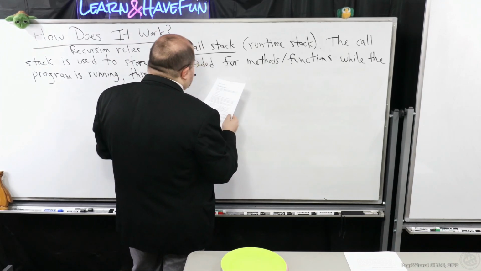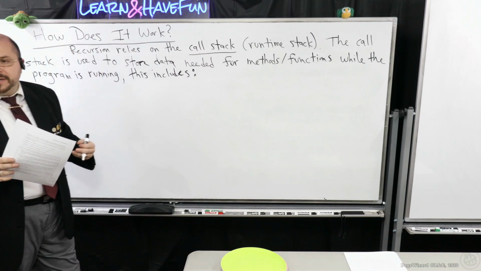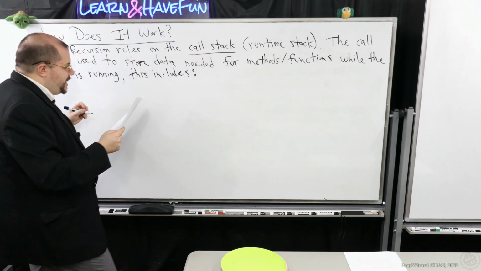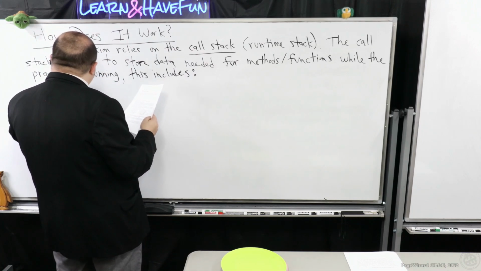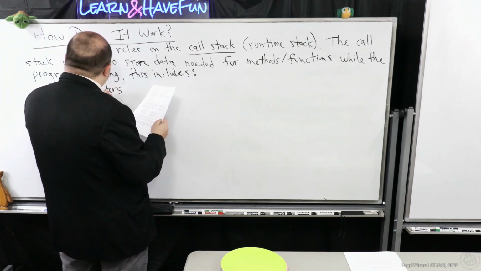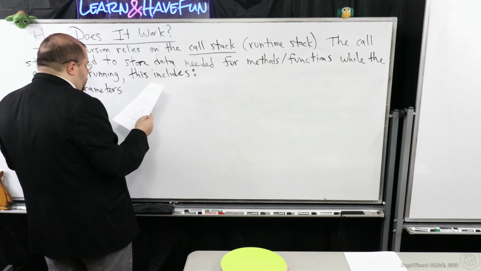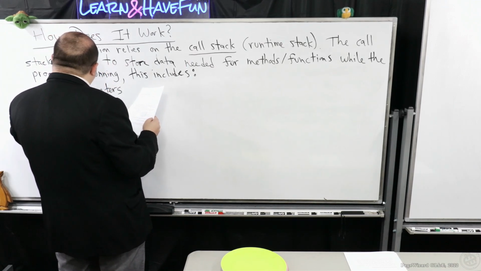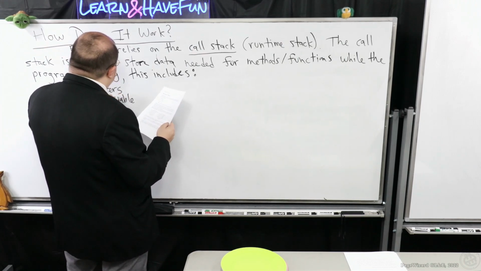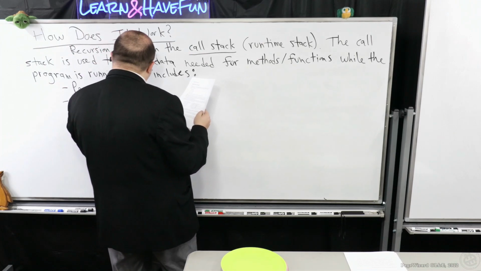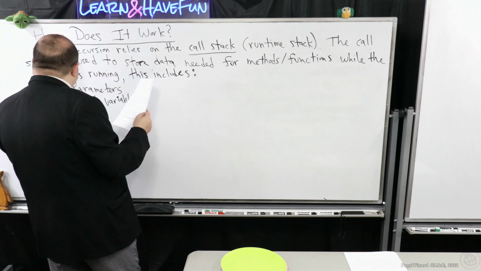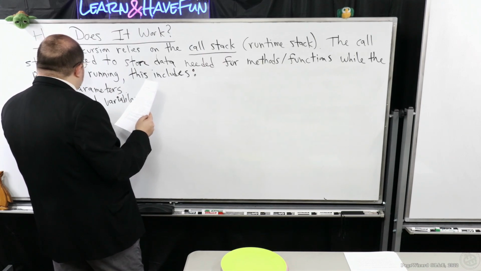So some things that are known. This is stuff that gets stored in the so-called call stack. Things such as the parameters of calls. I'm talking about function or method calls. Their local variables. So for every one of these calls, I want to be able to keep track of the local variables associated with that call. I also want to keep track of the return value.